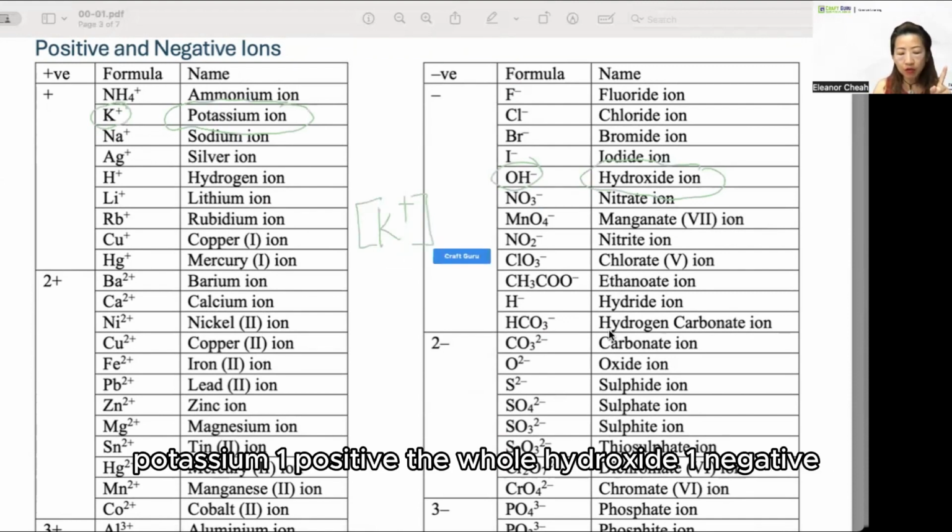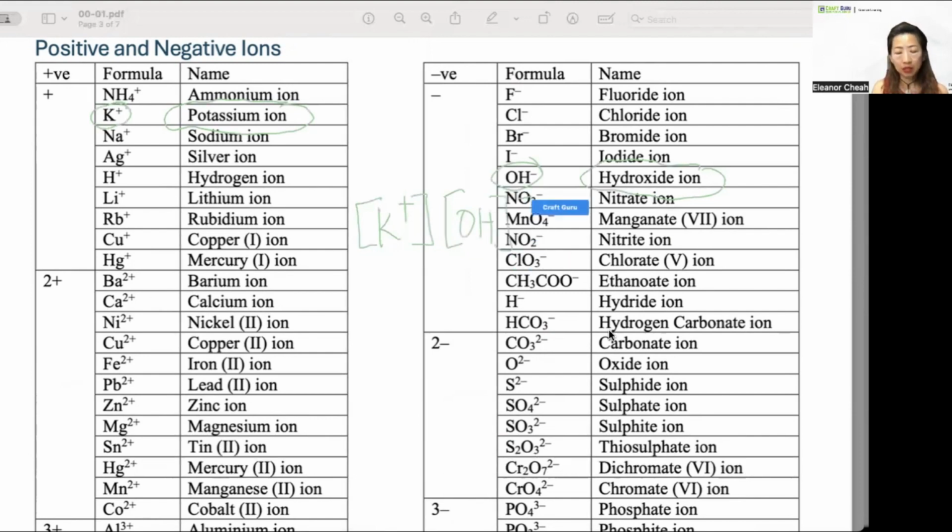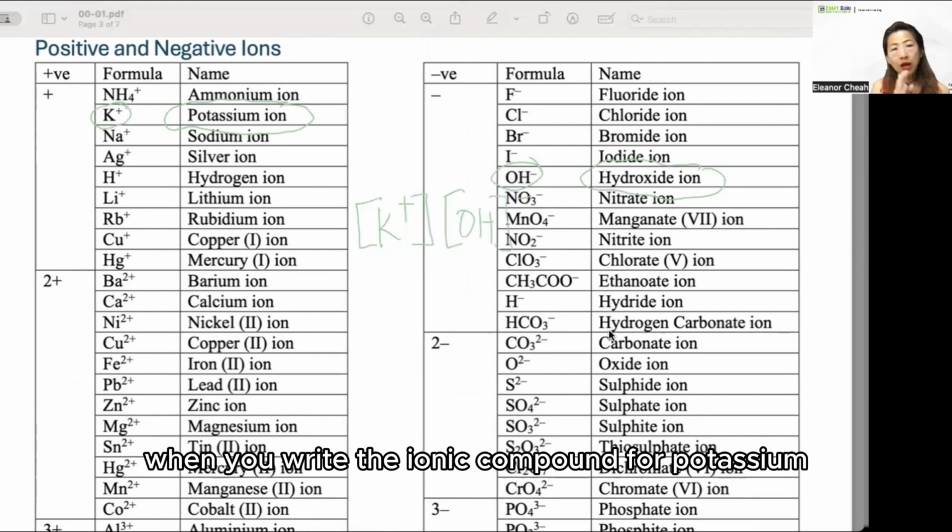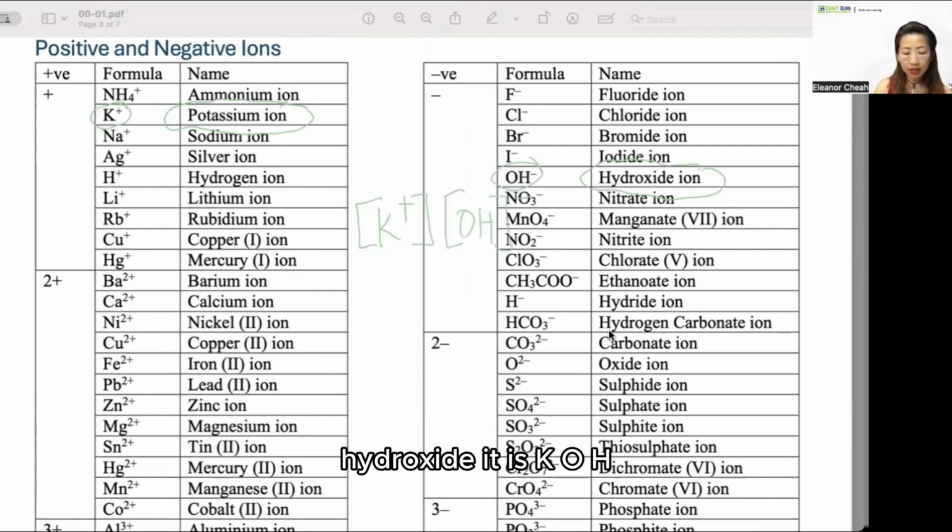Potassium, one positive, the whole hydroxide, one negative. Therefore, when you write the ionic compound for potassium hydroxide, it is KOH.